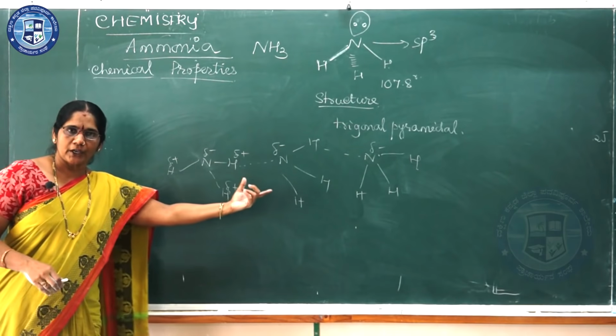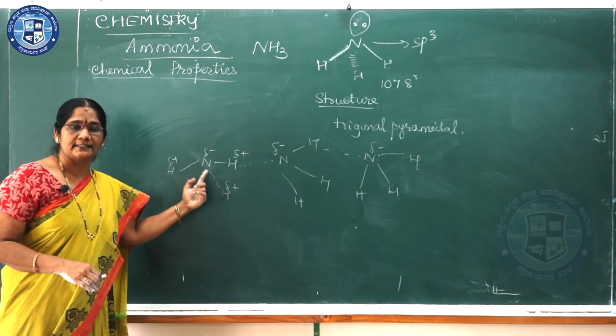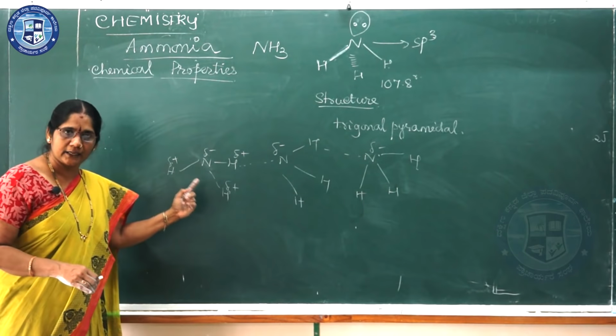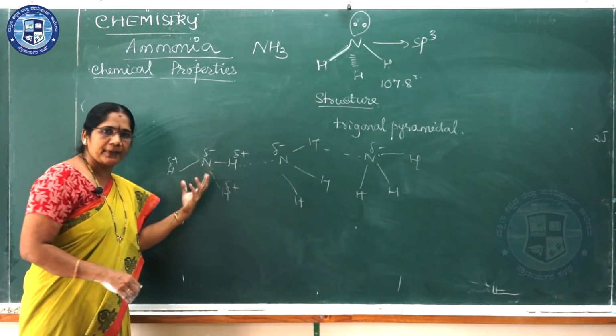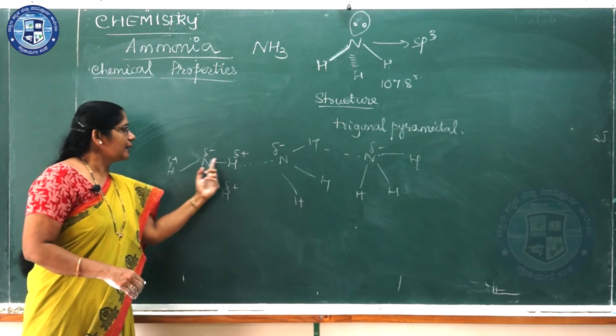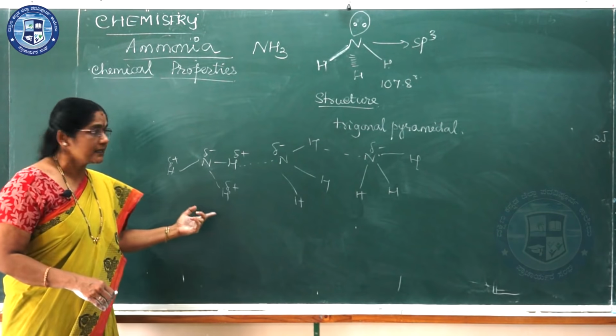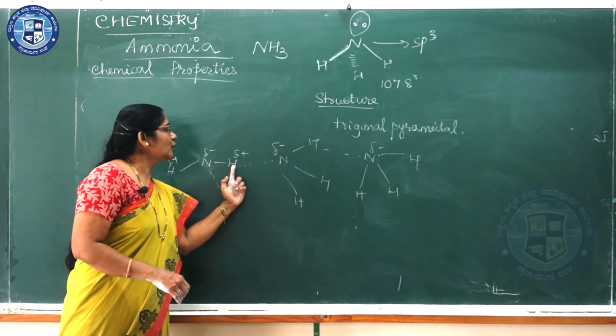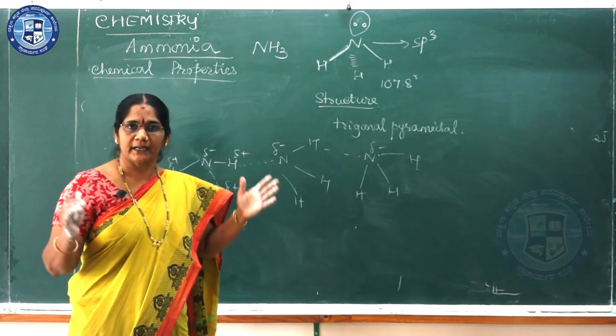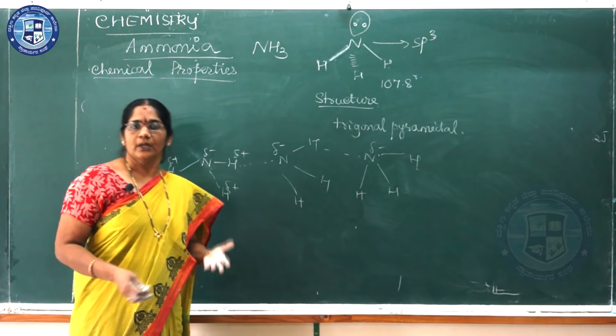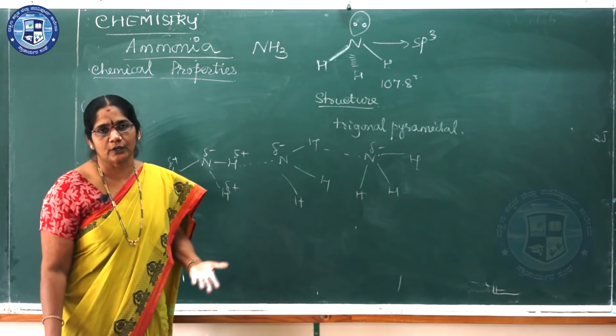So in the ammonia molecules, due to the compact size of nitrogen and its highly electronegative character, the electron pairs are attracted towards it and the bonds get polarized, due to which the hydrogen and the nitrogen of the other molecule attract each other, and therefore there is intermolecular hydrogen bonding.